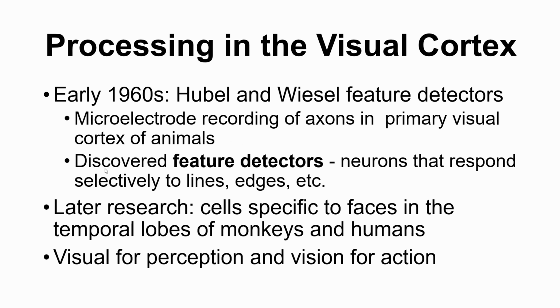And as we've done more and more research into this, we've found that we actually have even more complex versions of these feature detectors. So in humans and monkeys, we have cells that fire in response to seeing faces or even face-shaped objects. So if we saw an oval, we'll pretend that's an oval, and there are 2 circles on it at about eye height, those cells would start firing to say that we have something face-shaped that we're perceiving.